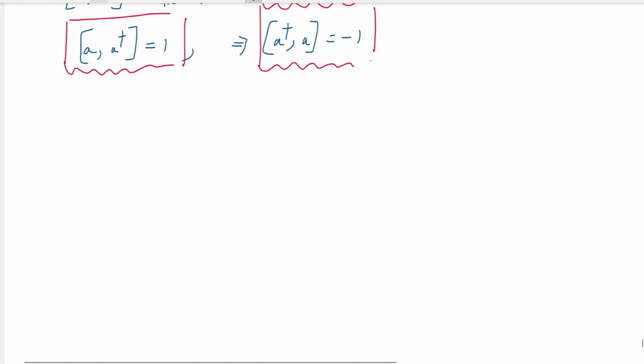Now I'm going to do one more commutation relation, that is A with H. We know H, right? So we can express this as AH minus HA. I'm using only H, the Hamiltonian.